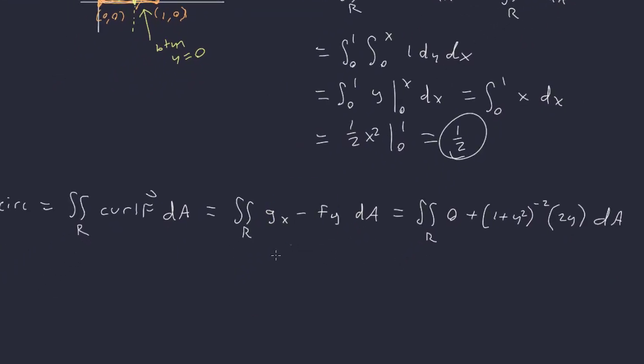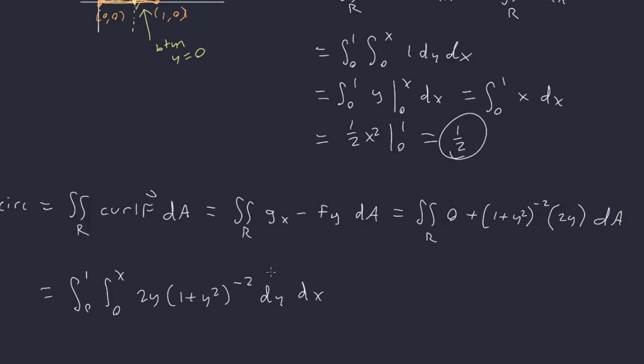Okay, so in our final step here, I'm going to set it up the same way. Hopefully it will still work, but we'll go from 0 to 1, 0 to x, of 2y over, actually, let me not do it that way. Let's say it's 2y times 1 plus y squared to the negative 2 dy dx.